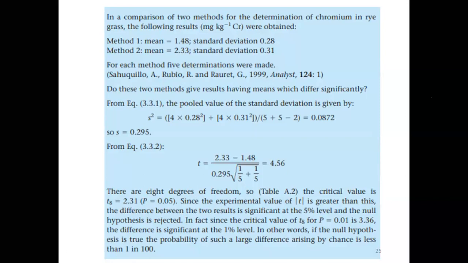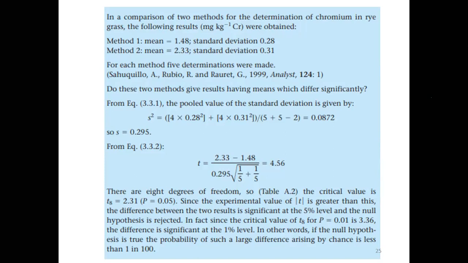The null hypothesis here is that method 1 and method 2 have no significant difference. Since the calculated value is greater than the critical value from the table, we cannot keep this null hypothesis. So we reject the null hypothesis. These two means differ significantly at the 5% level, right?